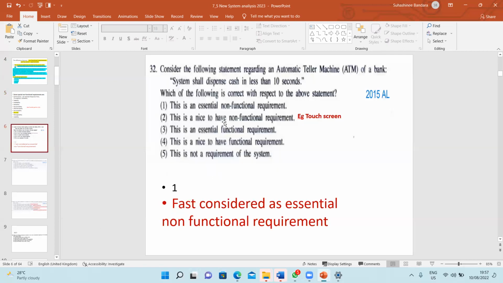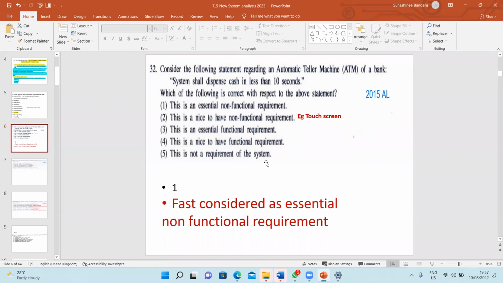Then we discuss this question: consider the following statement regarding the automatic ATM teller machine. The system shall dispense cash in less than 10 seconds. Less than 10 seconds means it is explaining some kind of speed. That speed we normally consider an essential non-functional requirement.